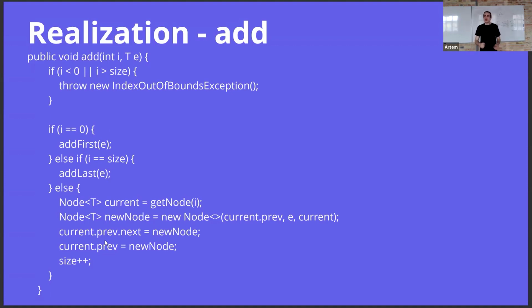Yeah, in array, we shift elements physically, but in linked list, all of those elements have some address in memory. And when we add new element, those elements stay at the same addresses.